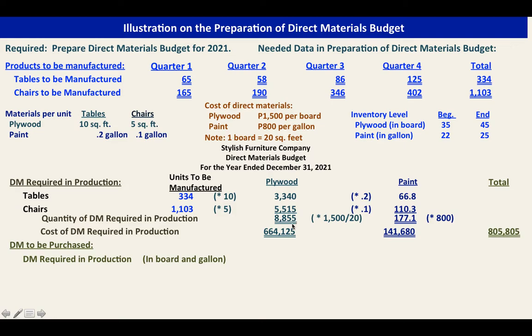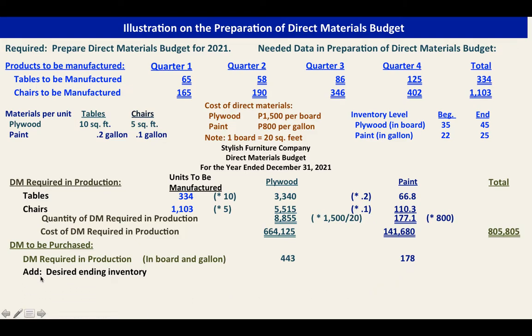So here, we have to divide 8,855 by 20. So you will get 443 boards. This is the number of boards that we need for plywood, okay? And for paint, of course, we cannot buy 177.1 gallons. We have to convert that to whole numbers. So we need 178 gallons.